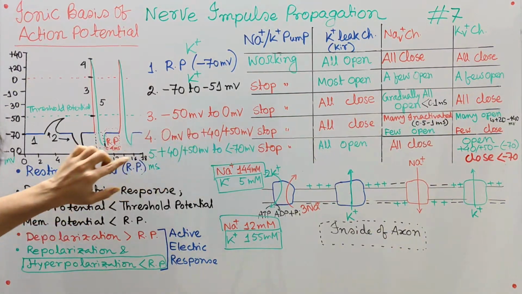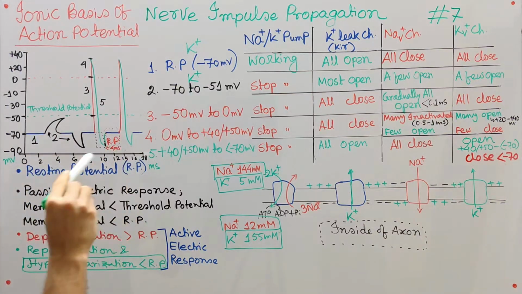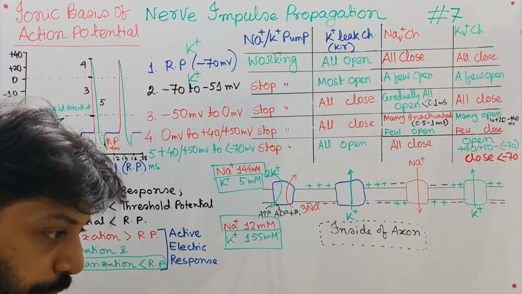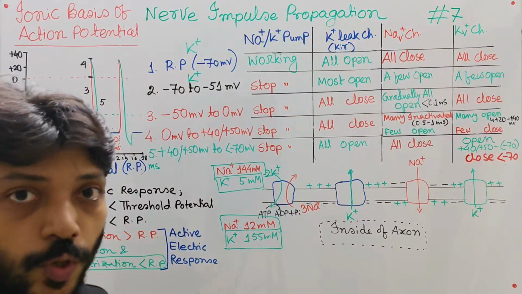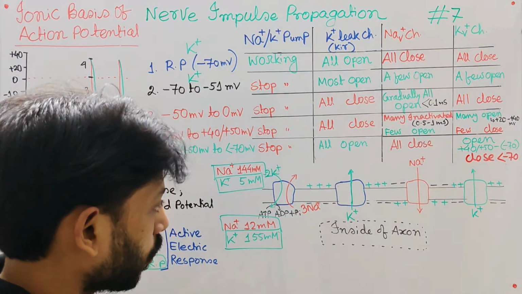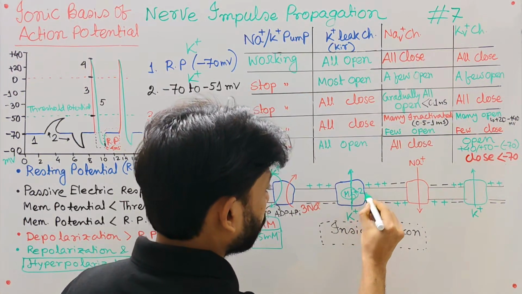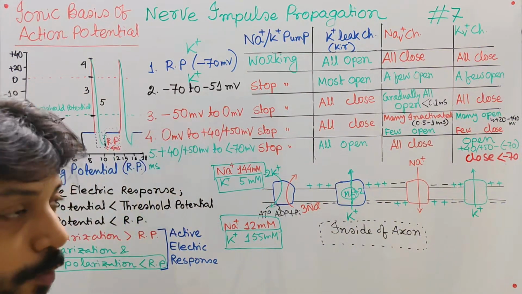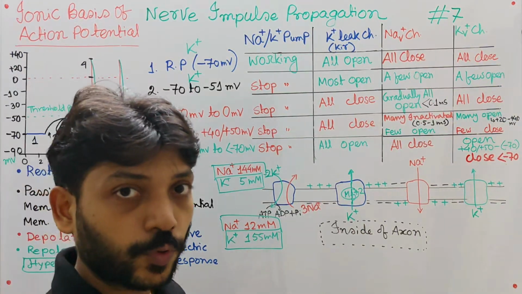Now the third voltage range is from minus 50 to 0 millivolt. During this membrane potential change from minus 50 to 0 millivolt, potassium leak channels become closed. All potassium channels become closed because magnesium ions block the passageway of the potassium ions, and voltage gated sodium channels gradually open.